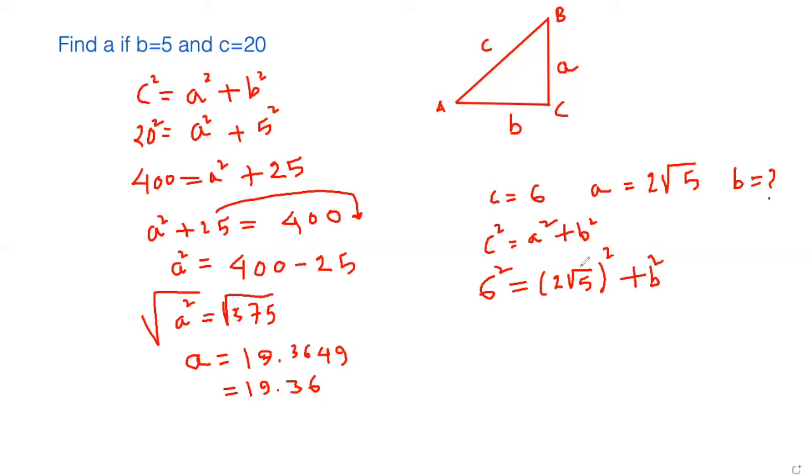Here 6 squared is 6 times 6, which is 36, equal to 2 times 2, which is 4. And the radical and the 2 cancel each other, so we have 5 only, plus b square.